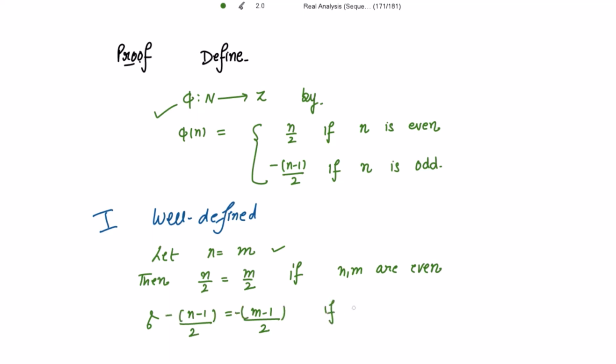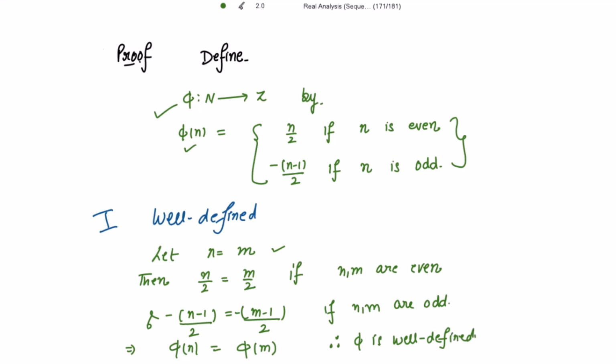So this is if n and m are odd. Why have I done this? Because I need to prove phi of n is equal to phi of m, right? And you have noticed that this left hand side is nothing but phi of n, and this right hand side can be written as phi of m. So therefore, phi is well defined.